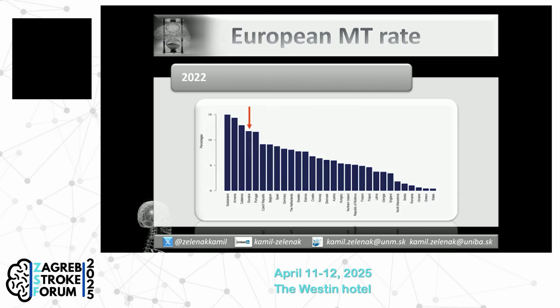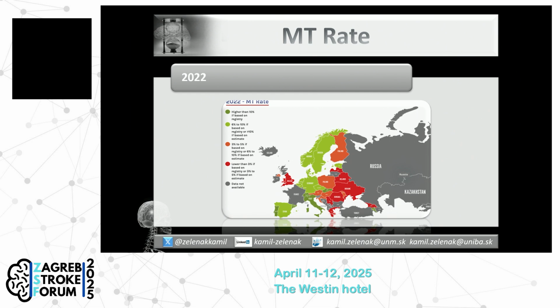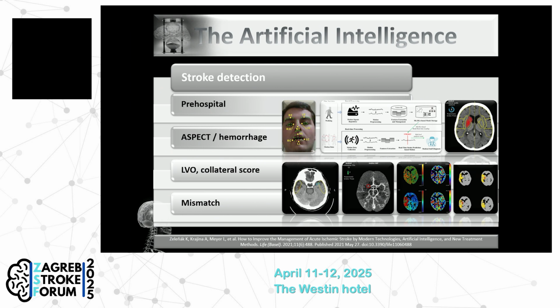And regarding the mechanical thrombectomy rate, it is also definitely more than 10% and stable. So we serve mechanical thrombectomy for more than 10% of the strokes. And here you can see the distribution color map. Again, it's from the RESCUE registry collected by ISO.